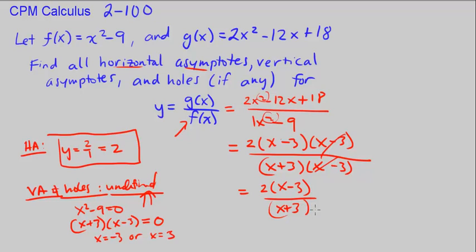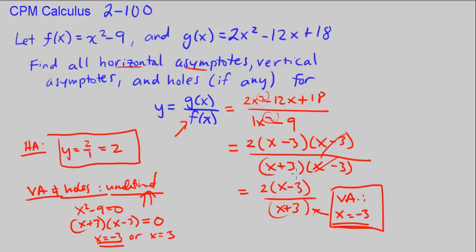Okay? So this shows us it's still undefined at x equals negative 3. So since our function is undefined at x equals negative 3, in both simplified and unsimplified, we have a vertical asymptote here.